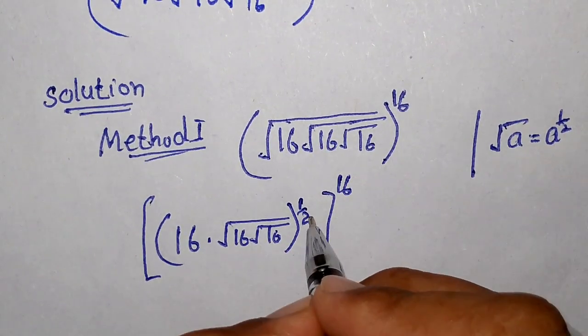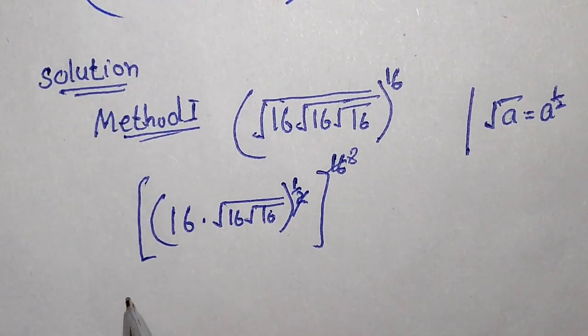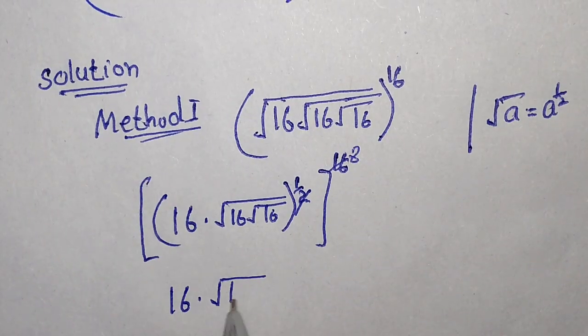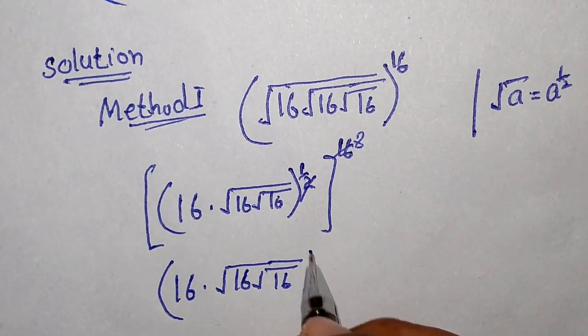Now this 2 cancels with 16, 2 times 8 is equal to 16. So here 16 is left times square root of 16 under square root of 16, and this is the whole power of 8.